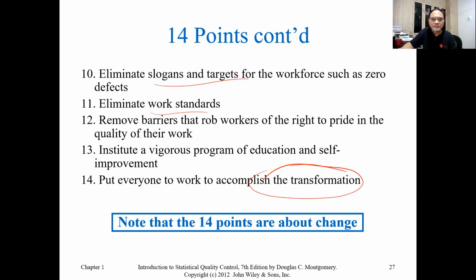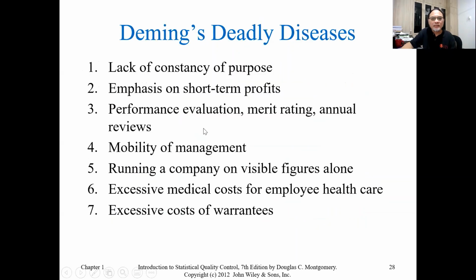And also, I think it's very important to mention his diseases: emphasis on short-term profit. These are things which are happening in many organizations right until today. Mobility of management. Management keep on chasing for new positions in different organizations.